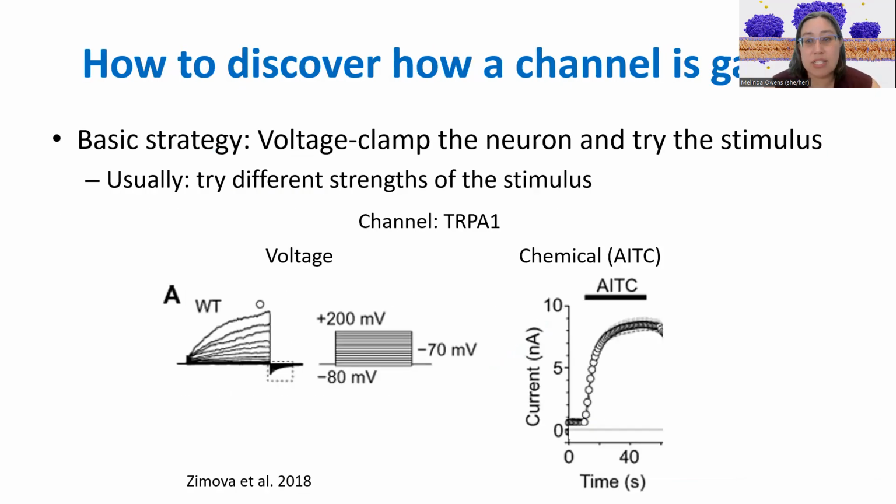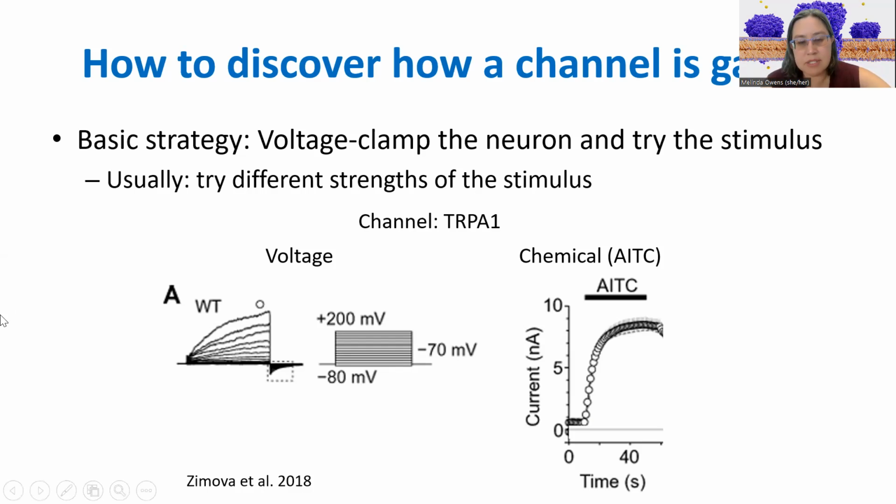The basic strategy is you voltage clamp the neuron and try the stimulus out, and you see if current passes through. And you often try different strengths of the stimulus to confirm that if you have a stronger stimulus, there's more current passing through, which kind of makes sense, right?